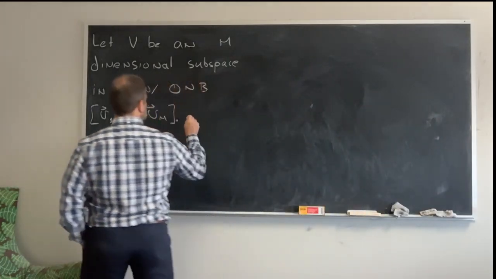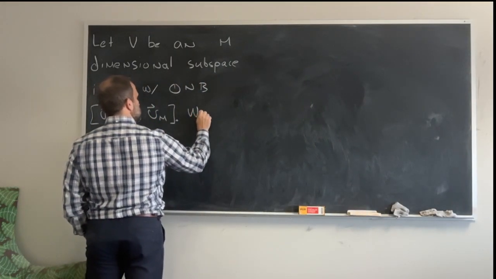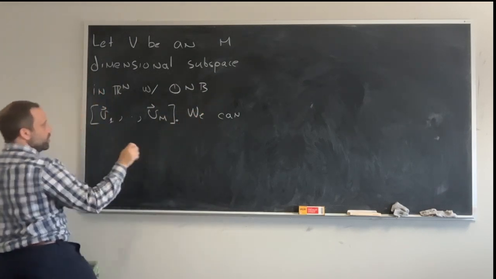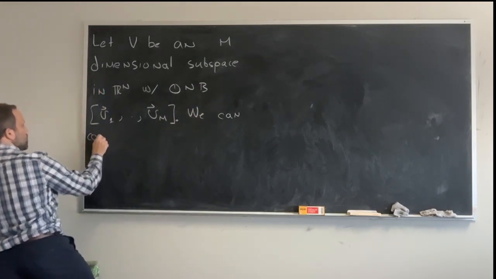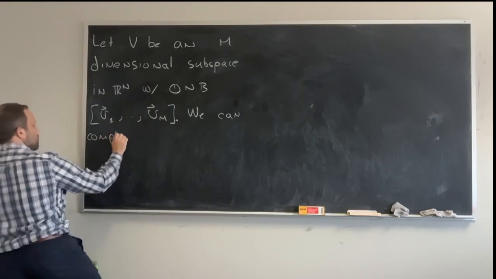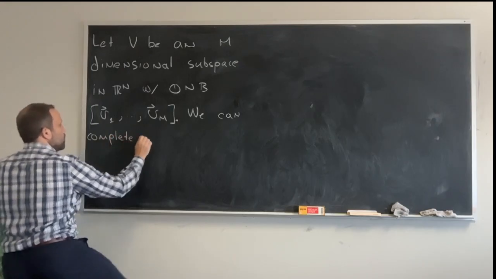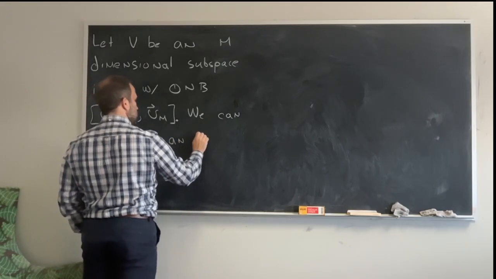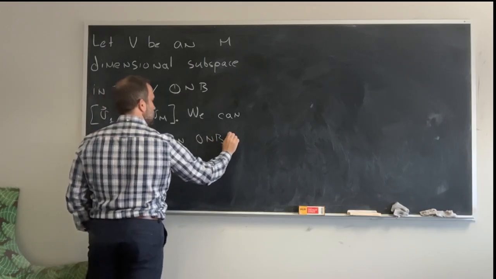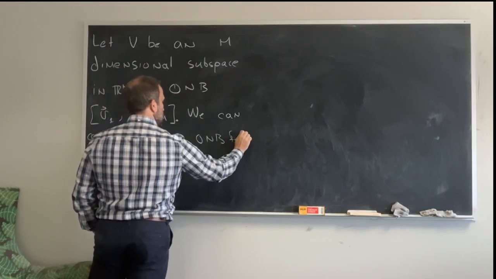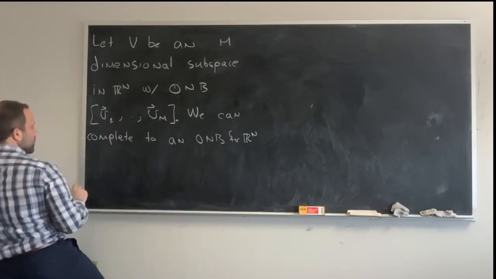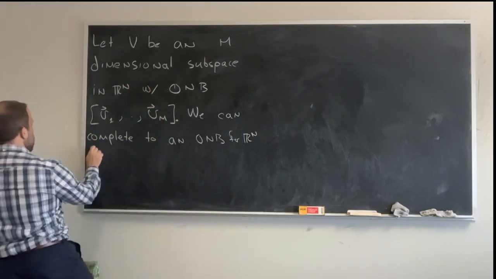We can always complete this, in other words add vectors to it, to get an orthonormal basis for Rn.